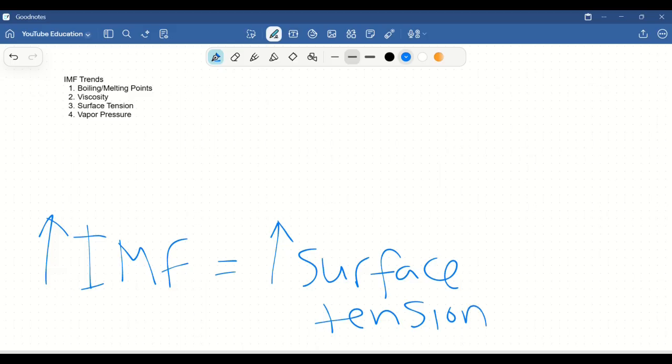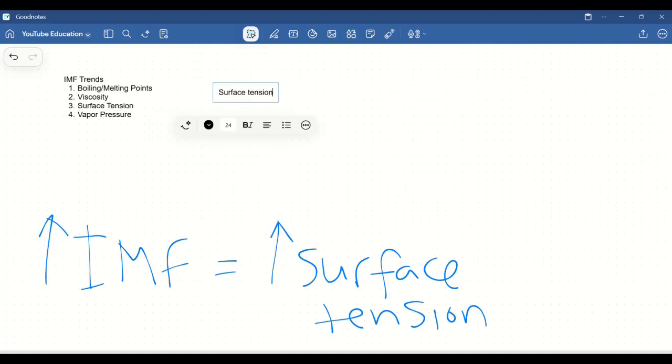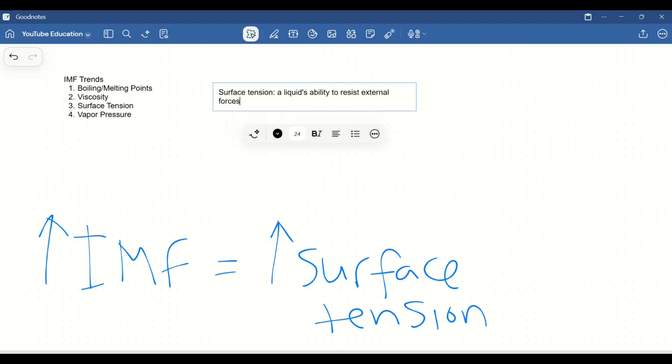What does surface tension mean? There's two ways to look at it. Surface tension is a liquid's ability to resist external forces. That is a very sciencey definition.